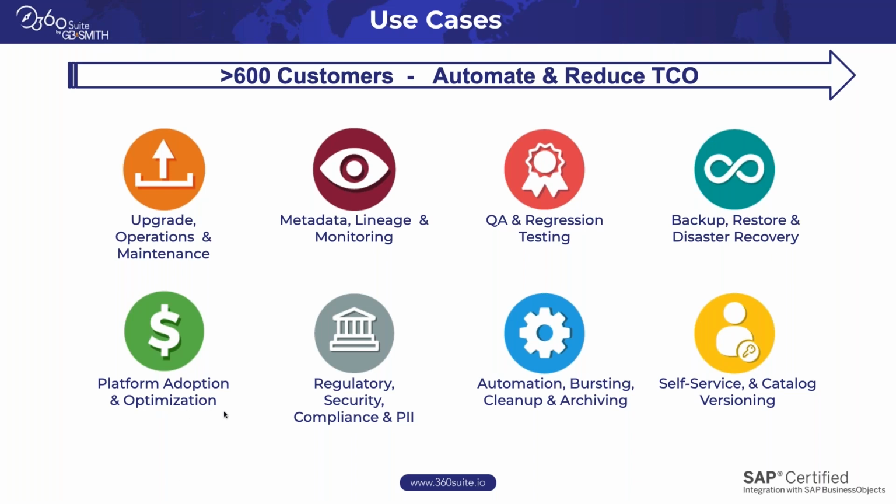Platform adoption and optimization. This piece right here, I had meetings last week in Dallas with a number of customers where this particular piece was front and center. So getting the information you need to be able to not only optimize your platform, so understanding what's being used, what's not being used, etc., but being able to measure and define and communicate adoption across the organization.